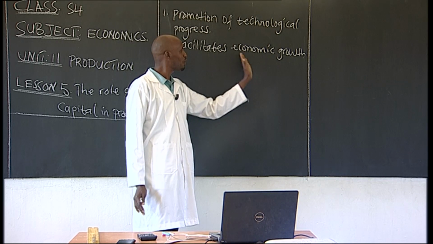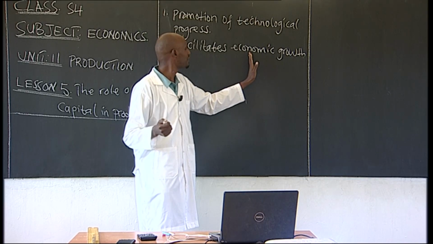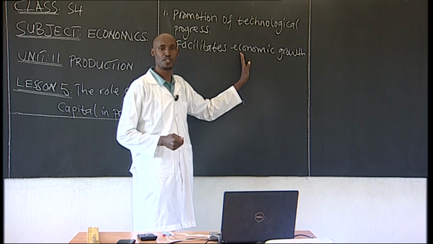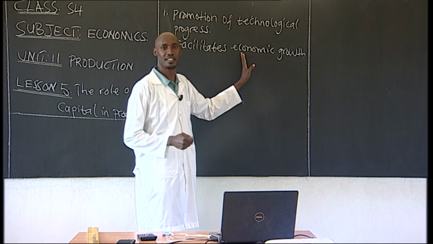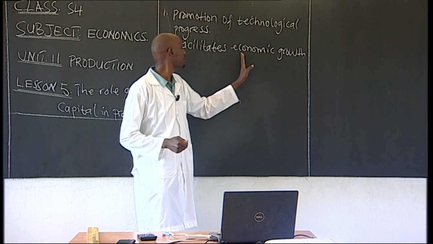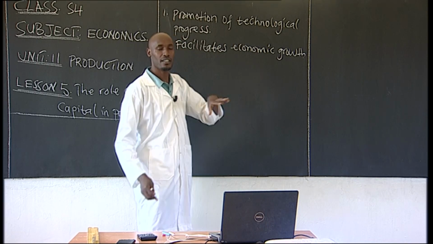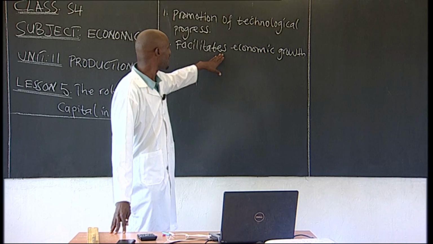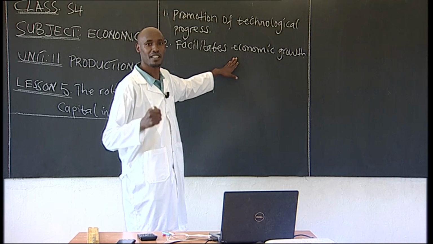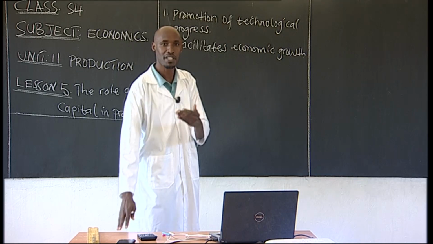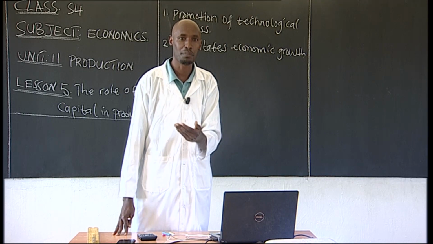Then also where you see fixed capital, you find that land is used and is paid rent. Because we said under human capital, people are paid. As they are paid, they get income.